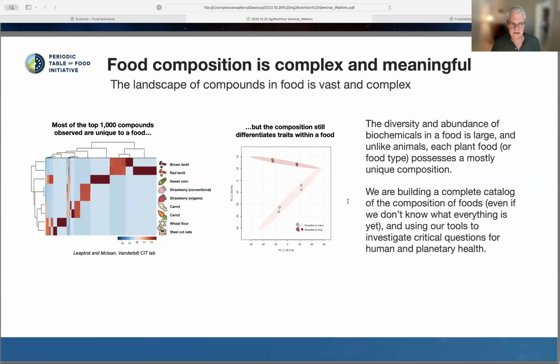The data do separate these things. And now we can begin to look for specifically what components in these strawberries differ between these 2 interventions. So even if we don't know what things are yet, we can use these tools to start to describe differences and start the work of really building understanding around some of these critical questions of human and planetary health.